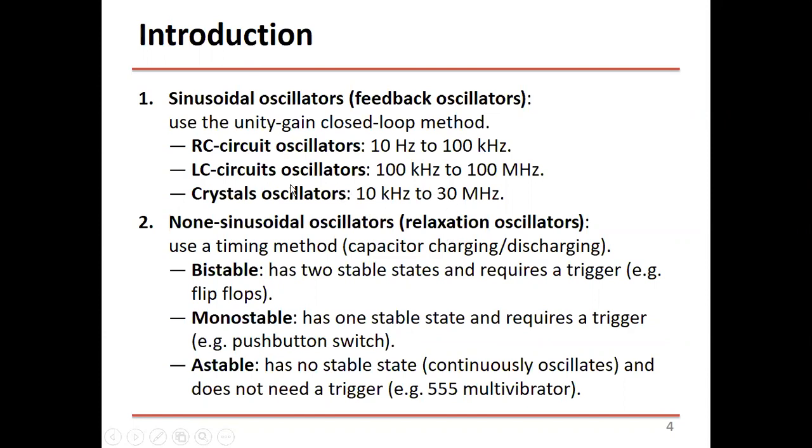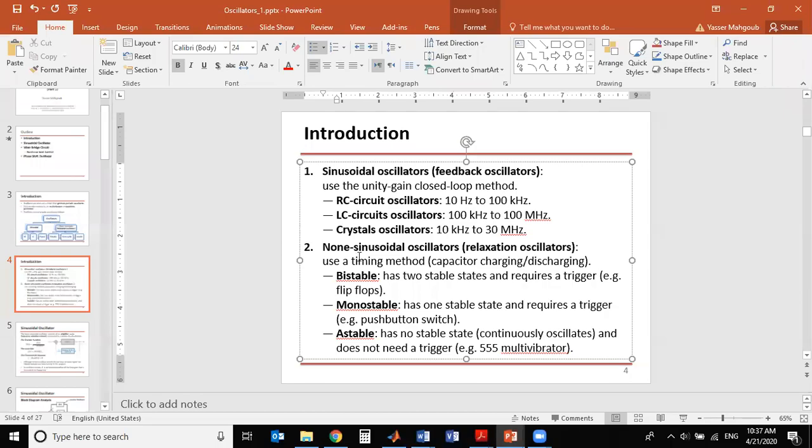Okay, so in the previous lecture, we covered the RC circuits, and we studied two examples of it, the Wien bridge oscillator and the phase shift oscillator. Today we are going to study the LC circuit oscillators and the crystal oscillators, okay? And then we move to the non-sinusoidal oscillators after that.